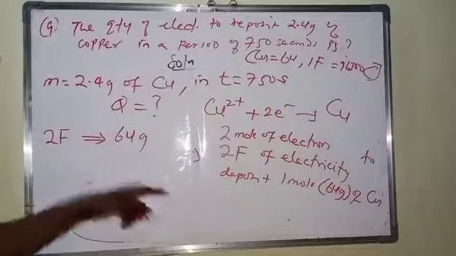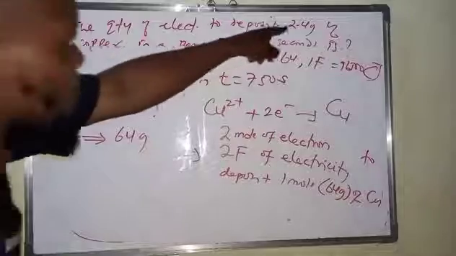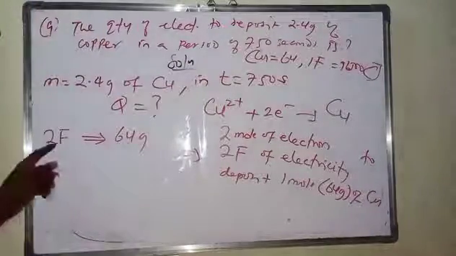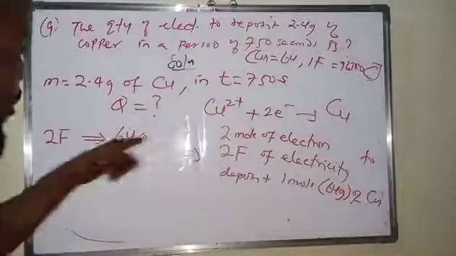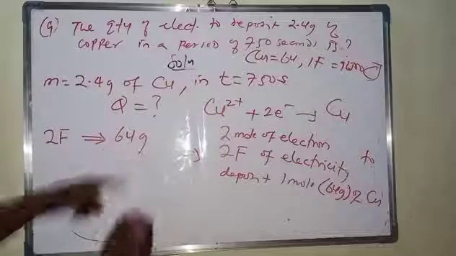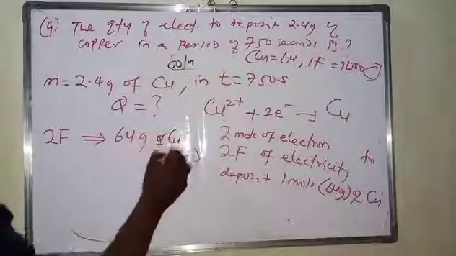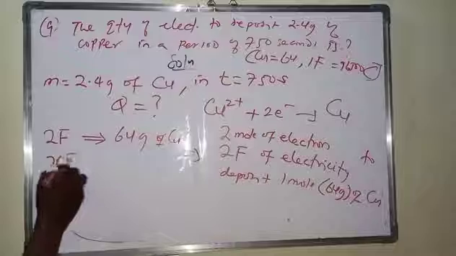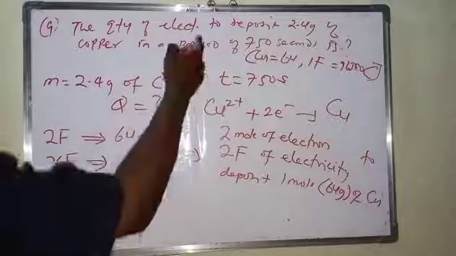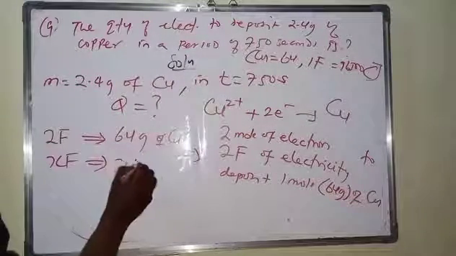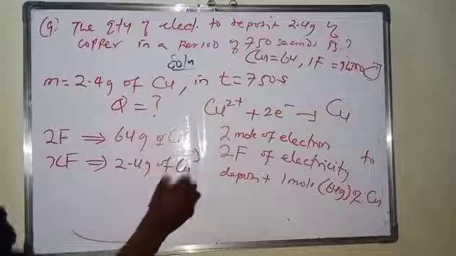We're working in mass because we have the information on mass. So if 2 Faraday will deposit 1 mole, which is equal to 64 gram of copper, then how many Faradays will deposit 2.4 gram of copper?